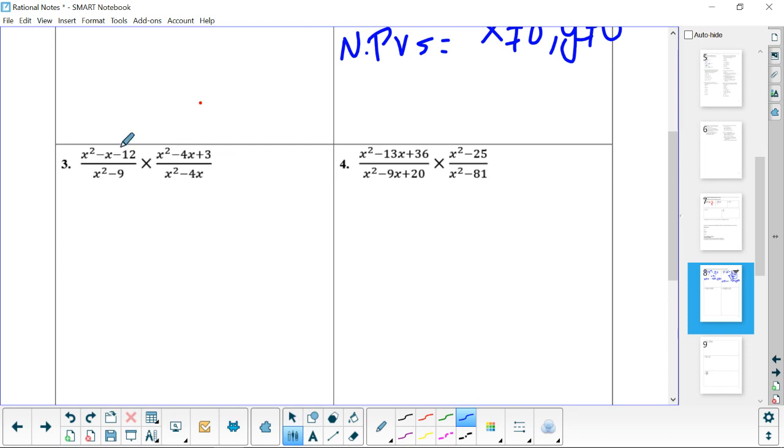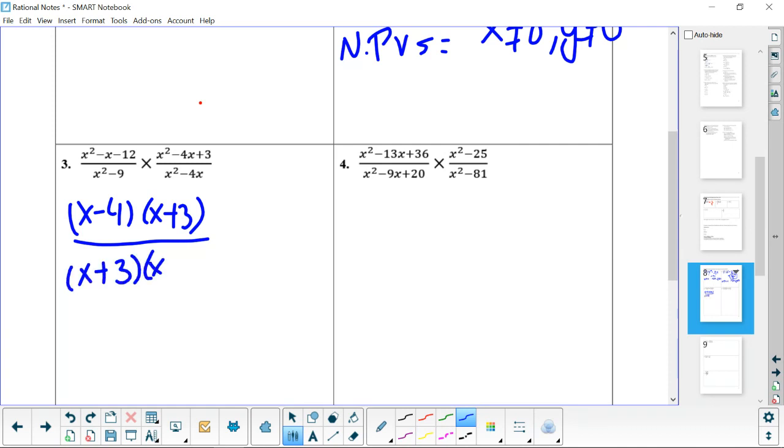Let's simplify this. So our x squared minus x minus 12 will have x minus 4 and x plus 3 as factors. And x squared minus 9 is the difference of squares. That is equal to x plus 3 and x minus 3.